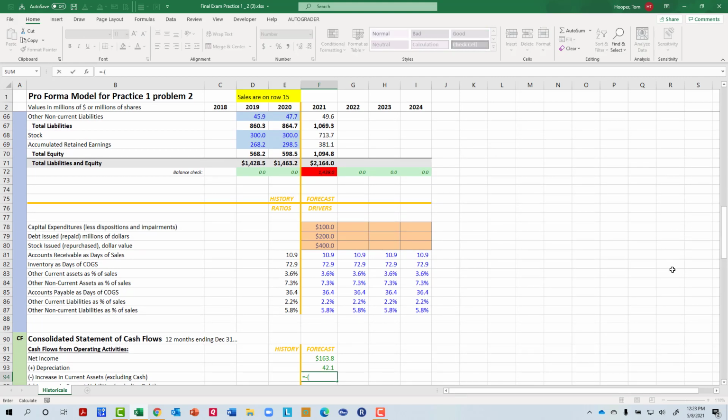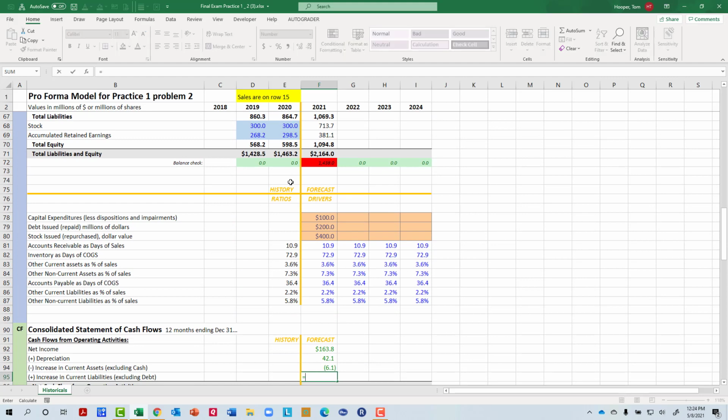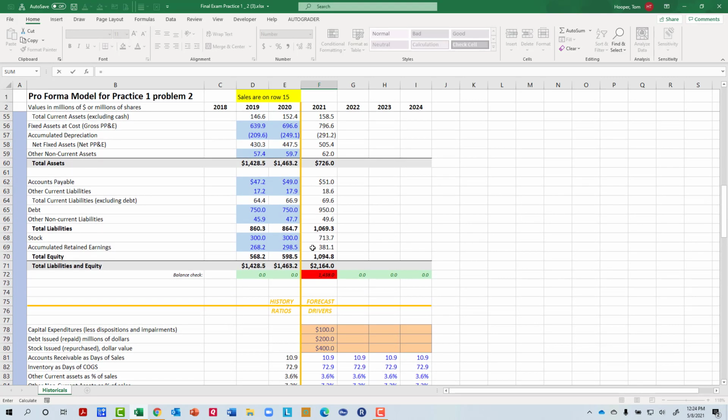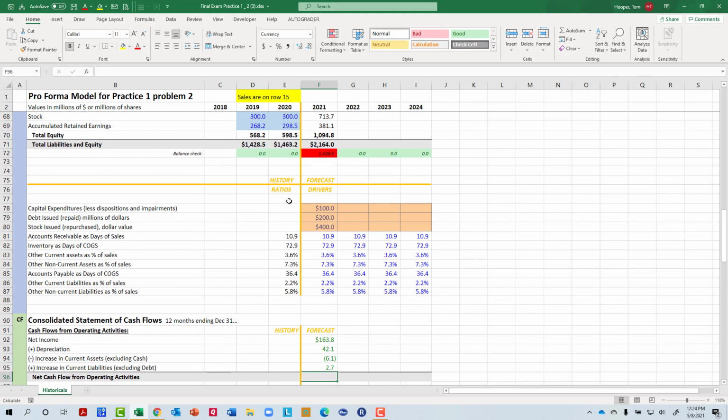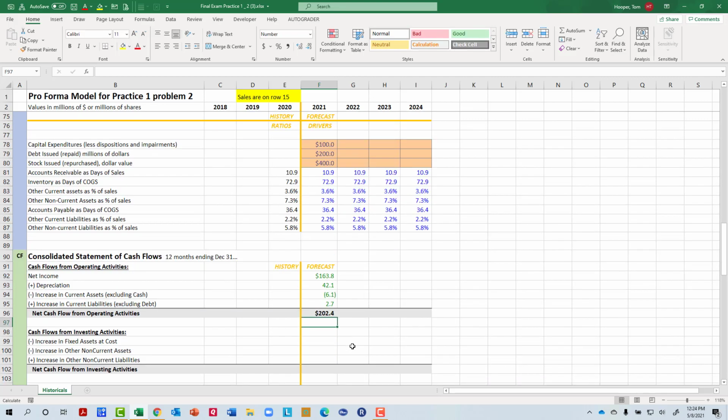Subtract off an increase, so I'm going to need a minus parentheses sign, this time for current assets. And an increase in current liabilities. And sum those up to get our cash flow from operations.